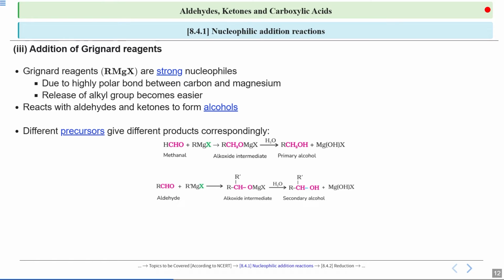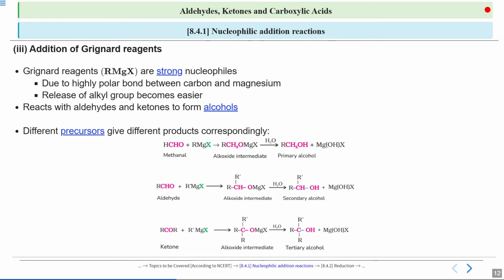But if you are treating any other aldehyde, you will get a secondary alcohol. How is this a secondary alcohol? Because the carbon to which your OH group is bonded is further connected to 2 carbon atoms. See, it is connected to R and R dash. So this is a secondary alcohol.